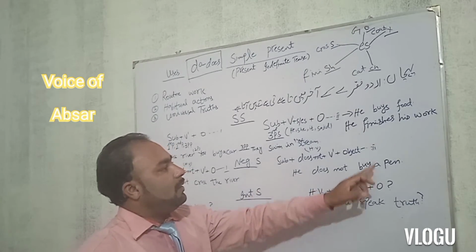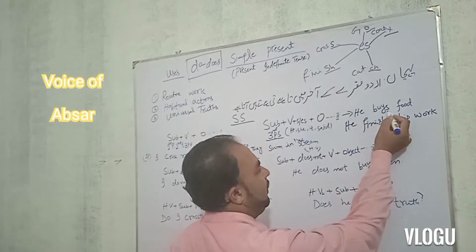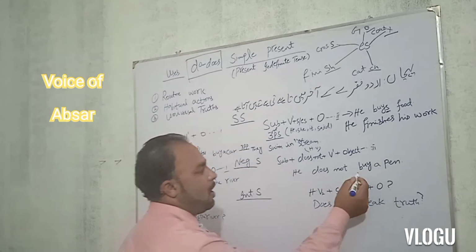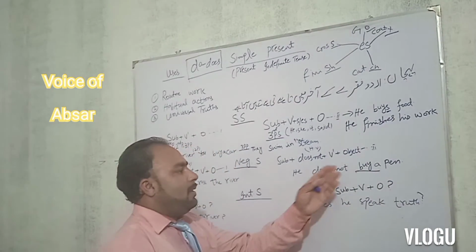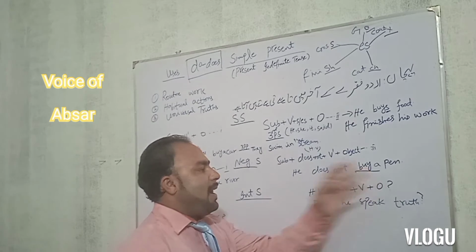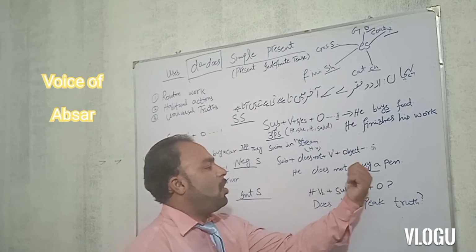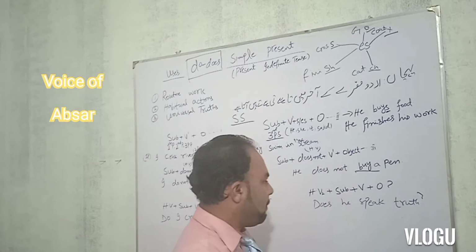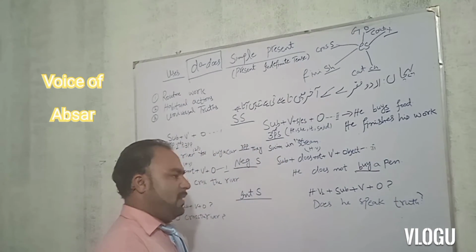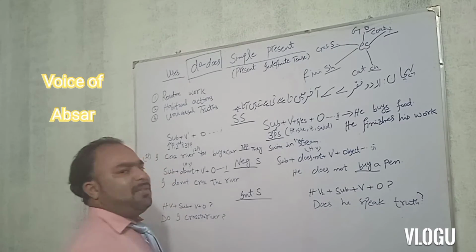He does not. Here we put S, but now we have terminated the S from here. He does not buy a pen. This is its negative structure.